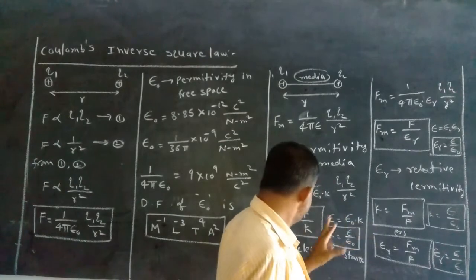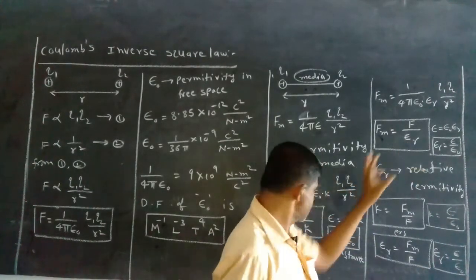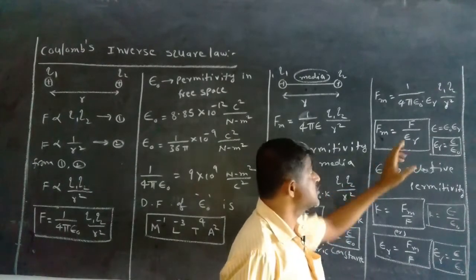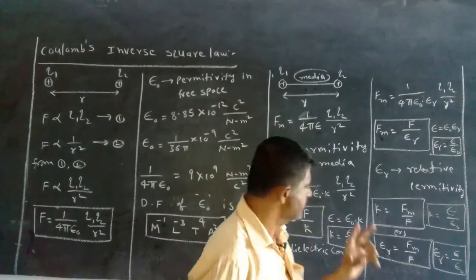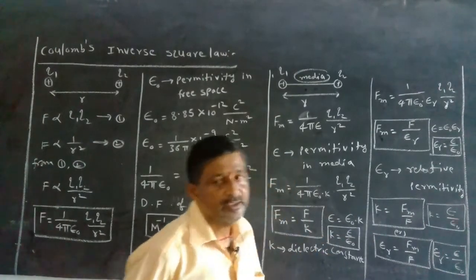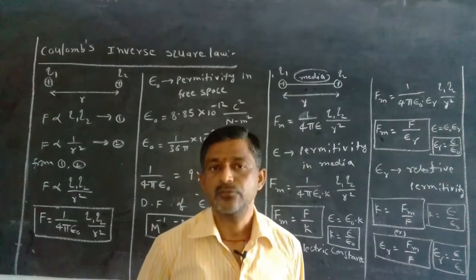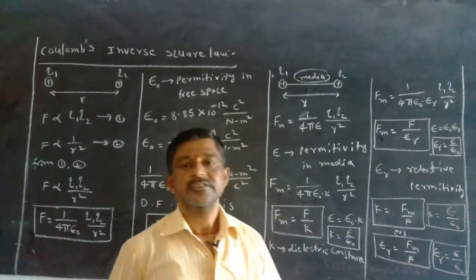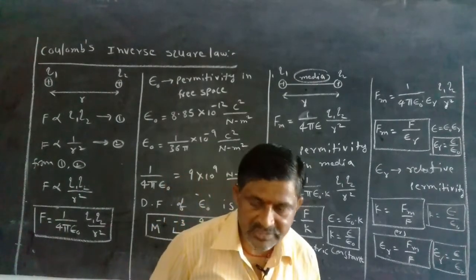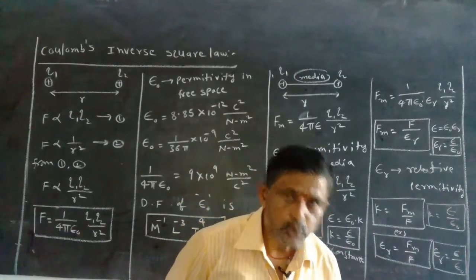For metal, K or epsilon r is infinity. Something divided by infinity is 0. That's why when a metal is taken between the two charges, the force becomes 0. This is one of the important questions in this chapter for 4 marks and also 2 marks.